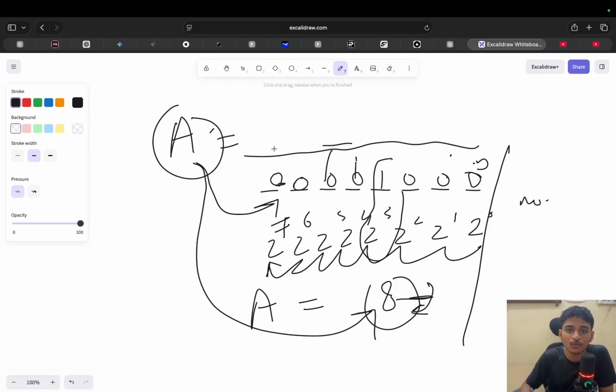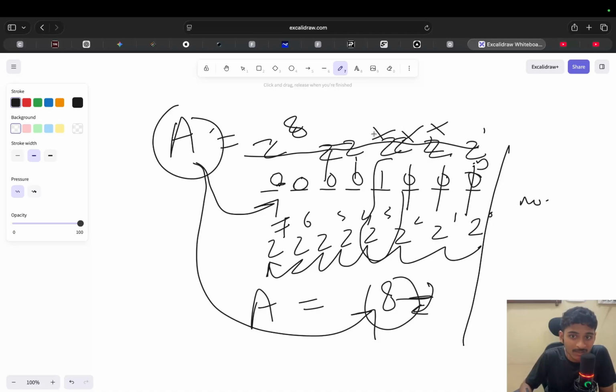There are 2 power 8 possibilities. Here 2 possibilities, here 2 possibilities, and those all are dependent, because we can't get a number if we get rid of this, right? So we can get 2 power 8 possibilities.